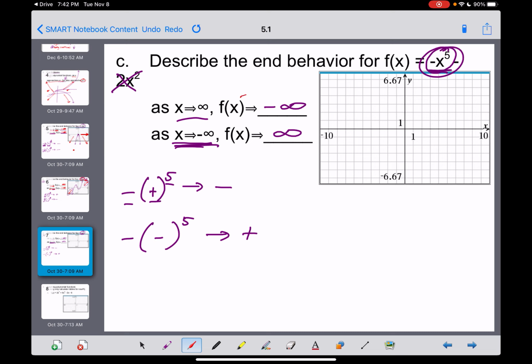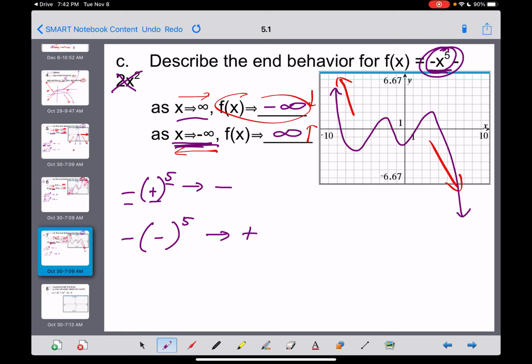This right here tells me that as we go right, this graph goes down. So we're going to be hitting down here somewhere. But now, as x is moving to the left, y is going up and approaching positive infinity. And this graph might look something like, and again, I'm just eyeballing what a fifth degree function can look like. We'll get into that later. Might look something like that. Up on the left, down on the right.